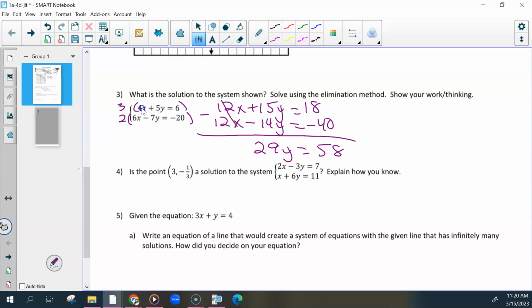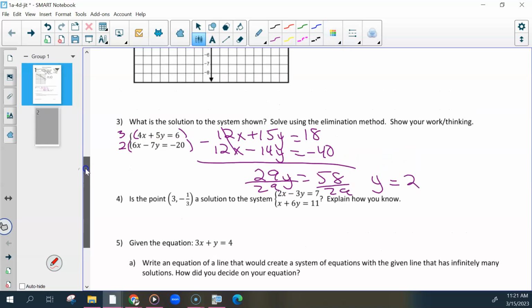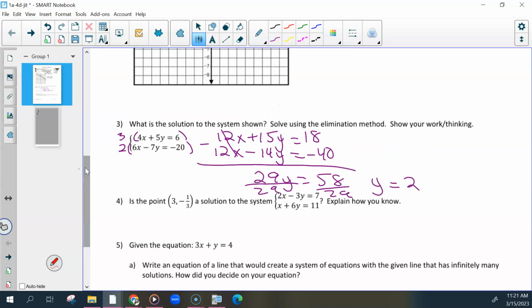Divide both sides by 2. Then take that y value, put it into any of the equations you have, and find your x. So if I choose this first one, 4x plus 5 times 2 equals 6.